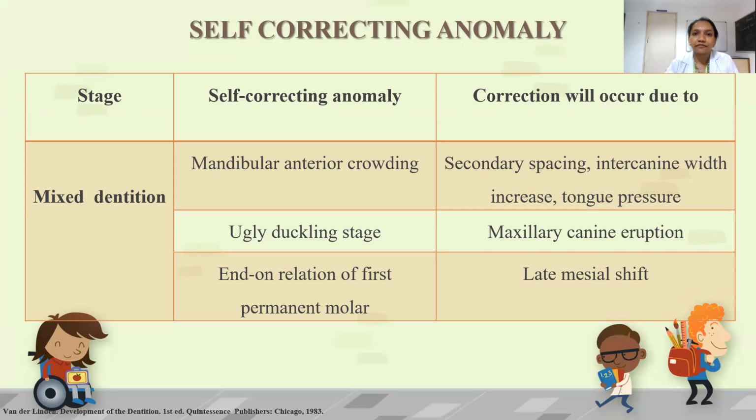So these are the self-correcting anomalies which are present at different stages of development of dentition and how they get corrected.